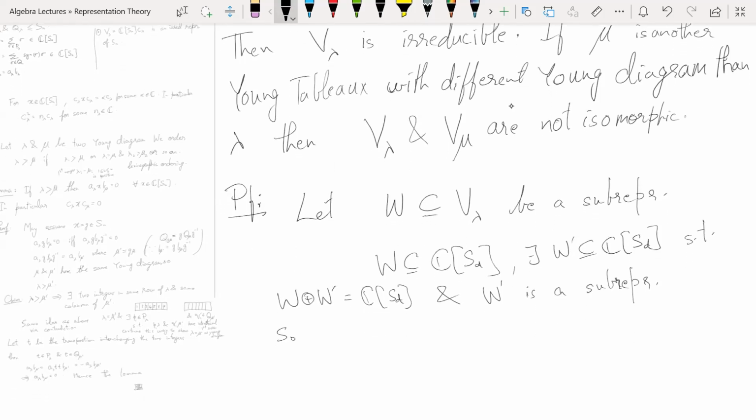So W prime is also going to be a submodule of CST, a left CST ideal. It's a left module, but it's contained in CST, so it's an ideal in fact.